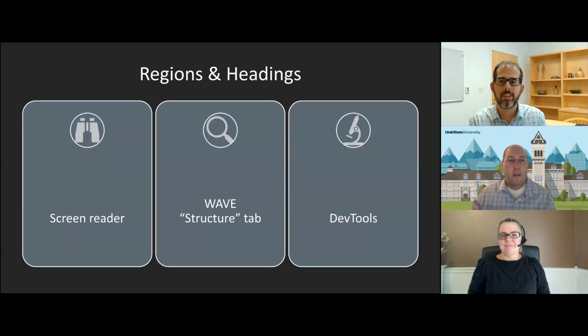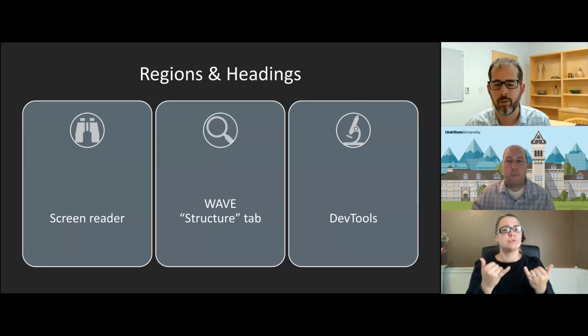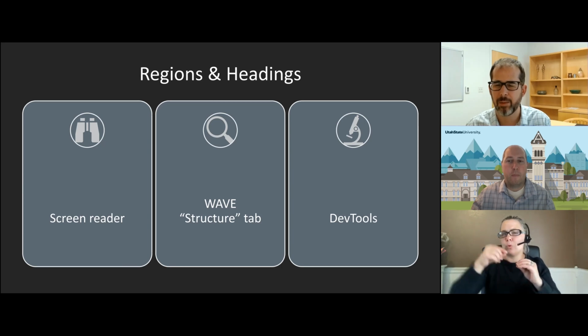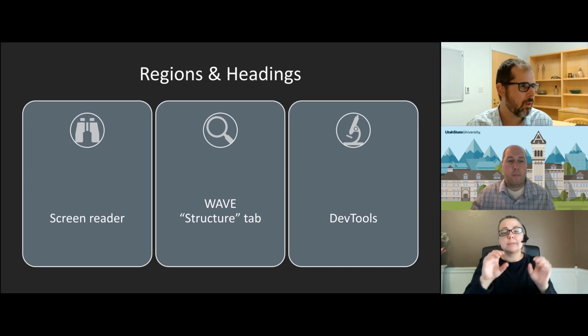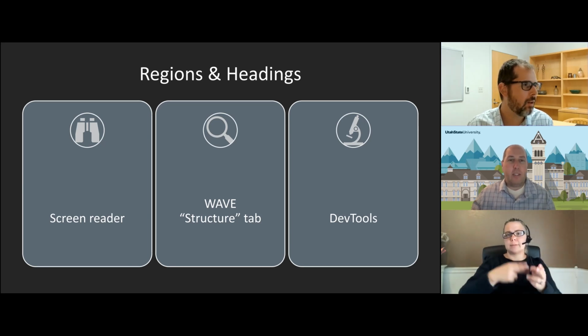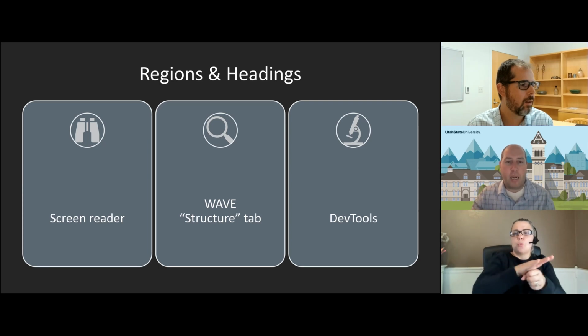Okay, so let's continue and go through this process of identifying and then digging deeper into some issues. We'll talk about some tools that might be effective for some of these. So we want to talk quickly about regions and headings. Regions are significant page areas that can be defined in the code of the page.